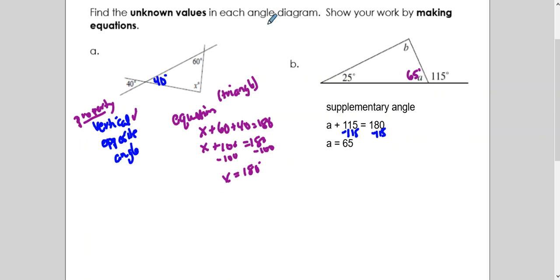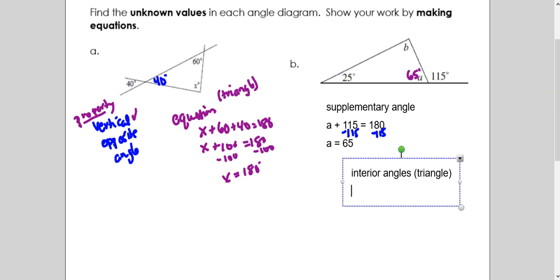Now I've got my triangle that I want. So I know that 25 plus 65 plus B is equal to 180. I know that 25 plus 65 is 90.